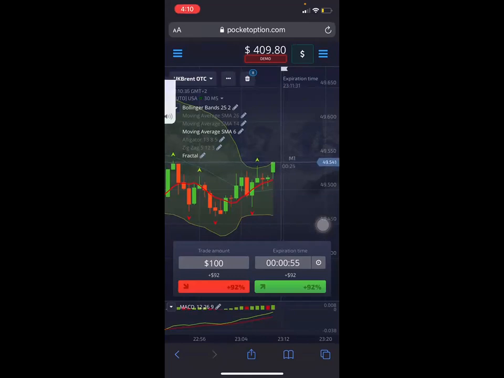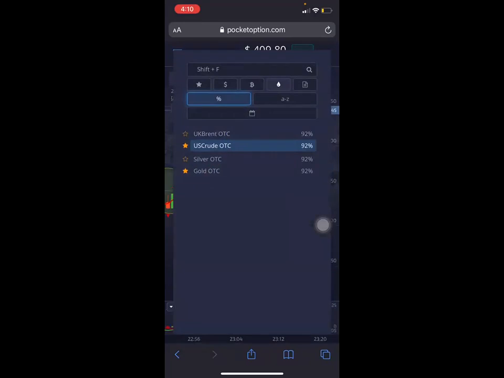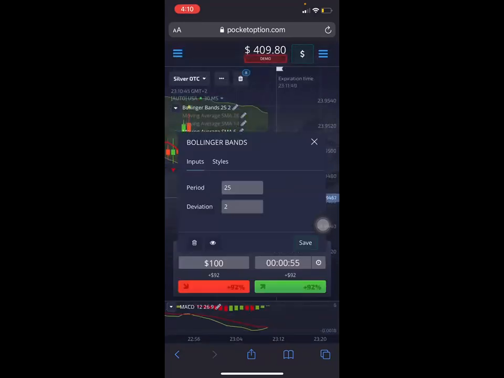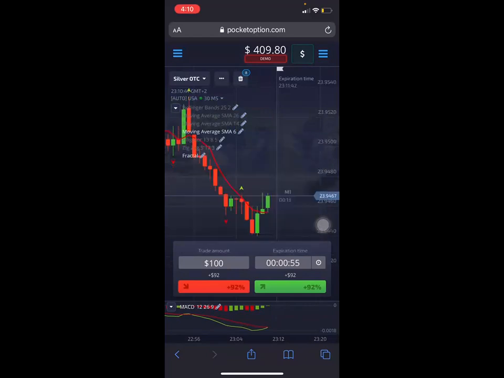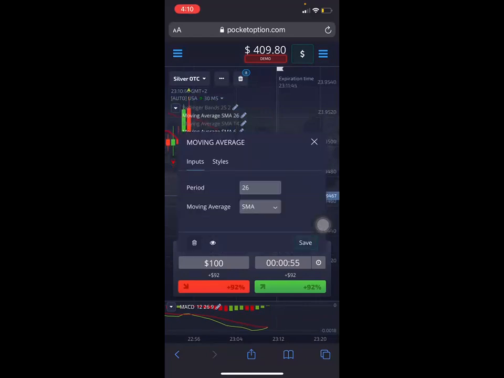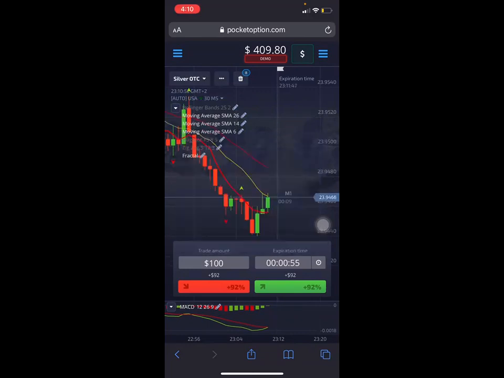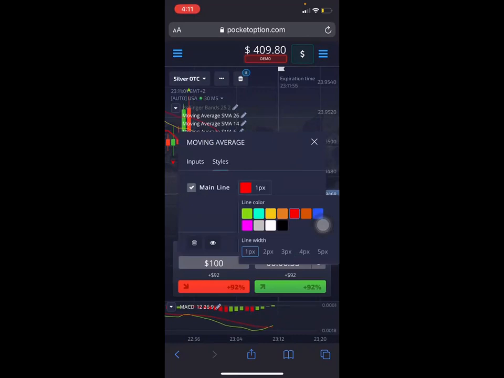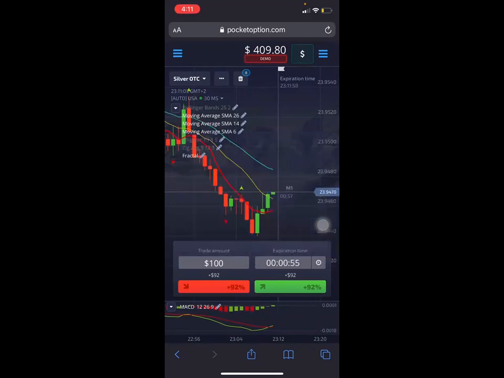But you can see it. Yeah. Okay. So I usually trade either crude or silver. I'm not going to use the Bollinger Bands with this one, but I usually use the SMAs. I usually use these when I'm trading on my demo.